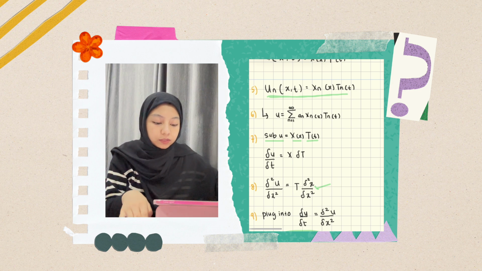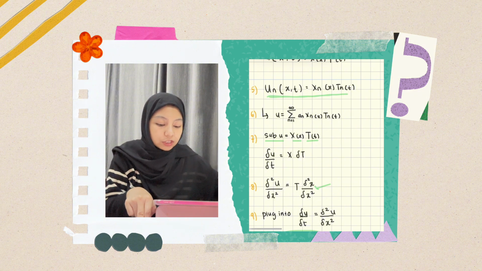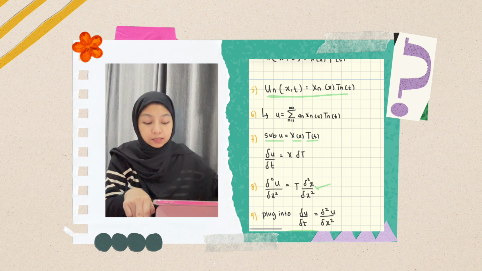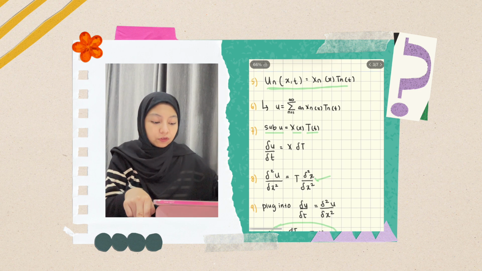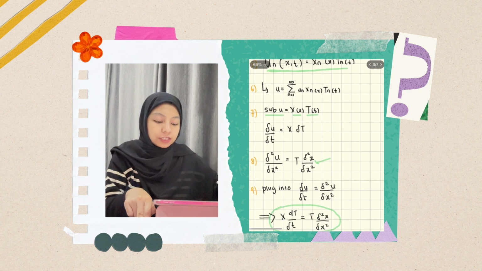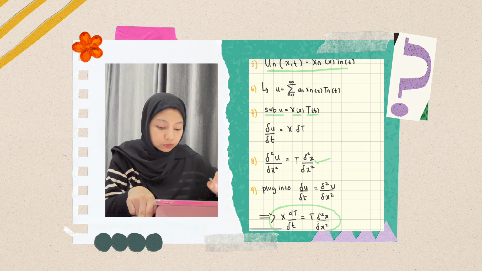Differentiate u with respect to t. The function capital X only contains terms in small x, so for the partial derivative in time, we can just treat it as a constant. So the derivative of u with respect to t is just capital X times the derivative of capital T. Moving on, the same logic can be applied to the second partial derivative of u with respect to x.